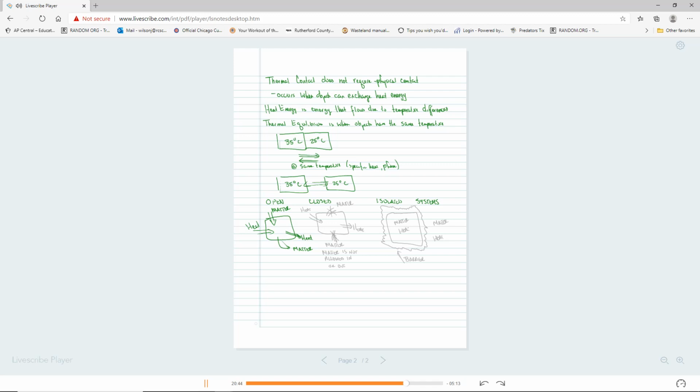So what do you think a closed system does? What would a closed system be? Closed system, heat can get in and out, but matter can't.